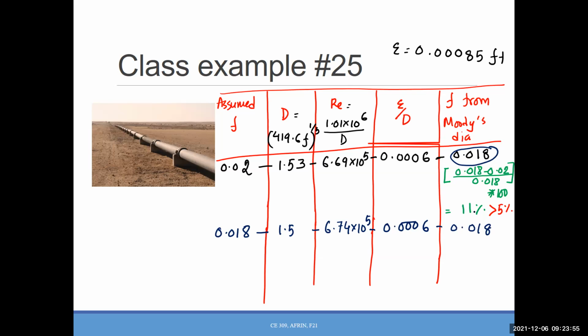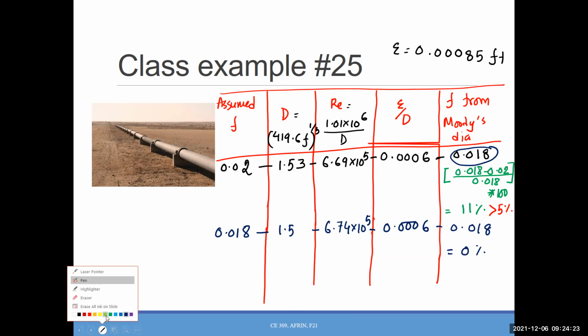Initially we had 11, the next one should be 8, 7, 5, something like that. If it increased, there is a high chance that the calculation was not correct. So check that. For this one, since I got 0.018 and 0.018, I got 0%, which is great. But if you got something else like 1, 2, 3, 4, 5%, that's fine.